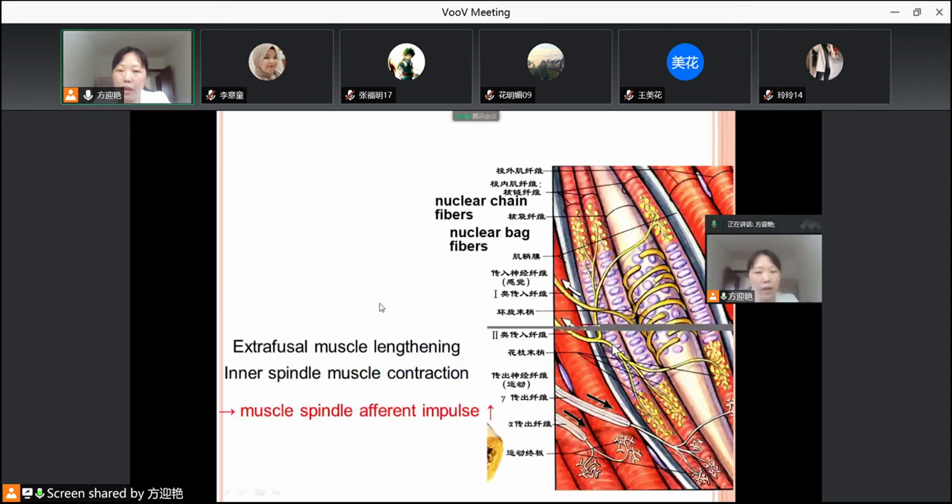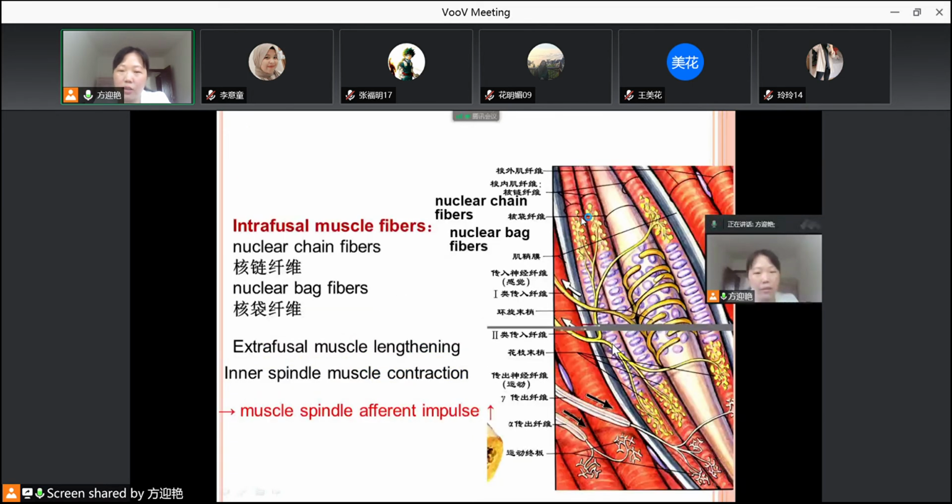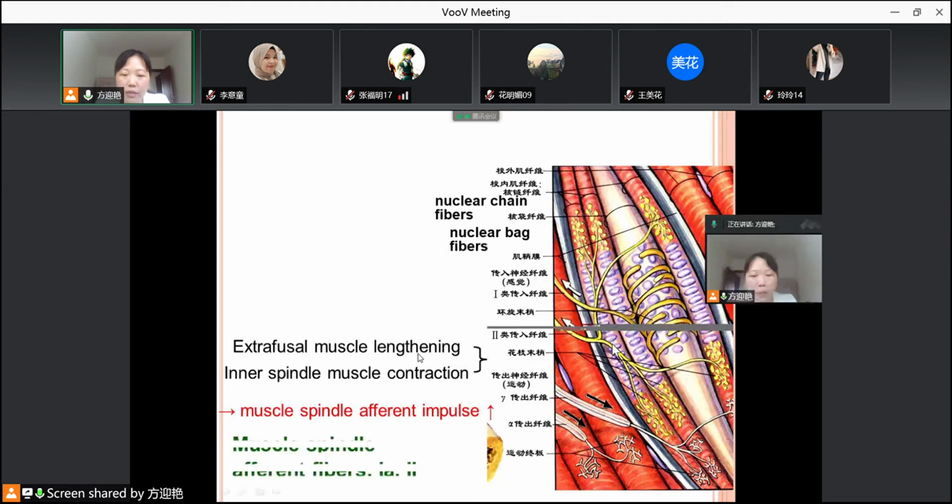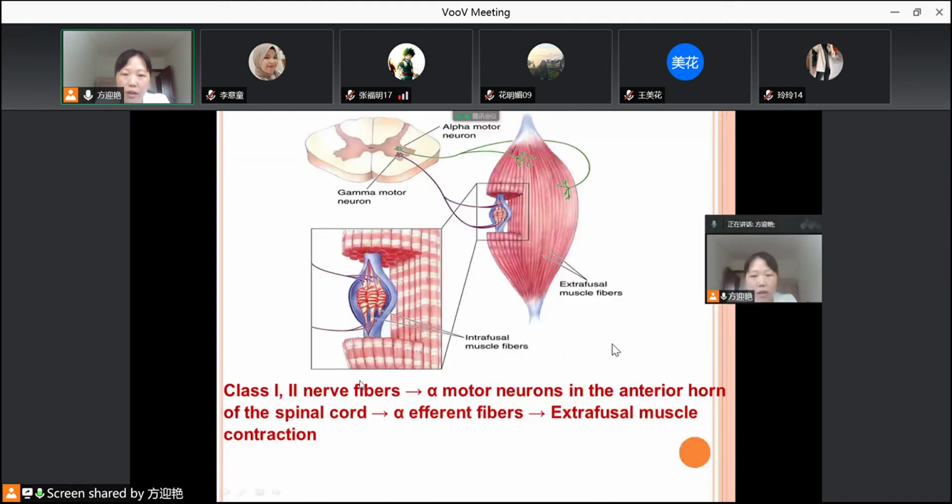I hope you understand there are nuclear chain fibers and nuclear bag fibers, and also the nerves, the afferent nerves, type 1A and type 2 fibers.